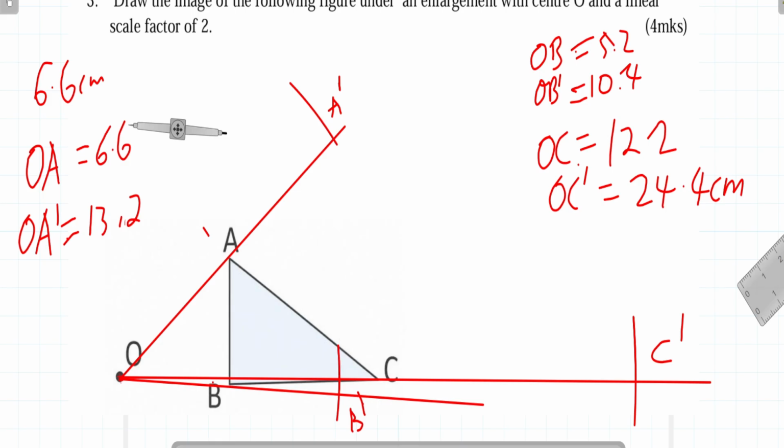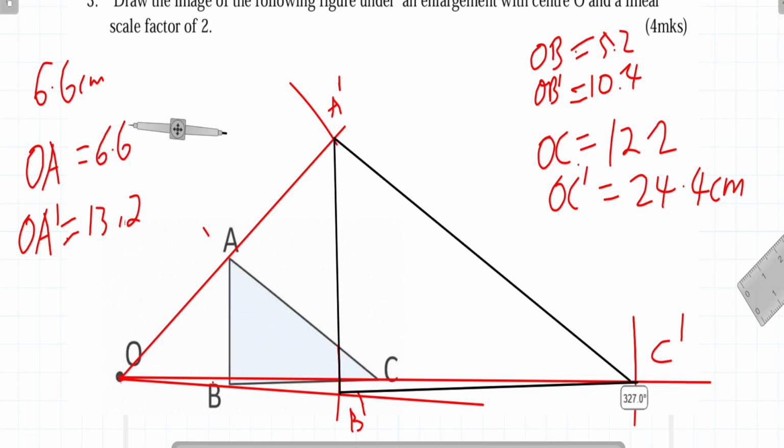A prime to B prime, then B prime to C prime, then A prime to C prime. So that is your triangle. Just in case people haven't seen, I'll highlight it. So at least you see that is our triangle.